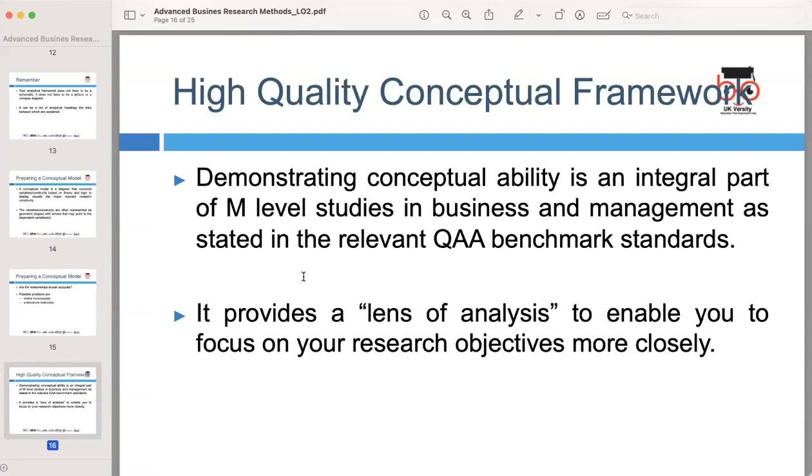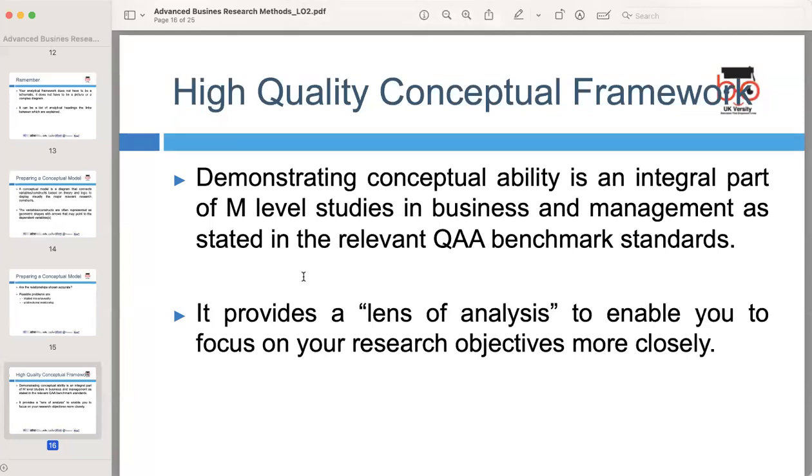It enhances research focus, provides a theoretical foundation, guides research design and methodology, facilitates data interpretation and promotes critical thinking.